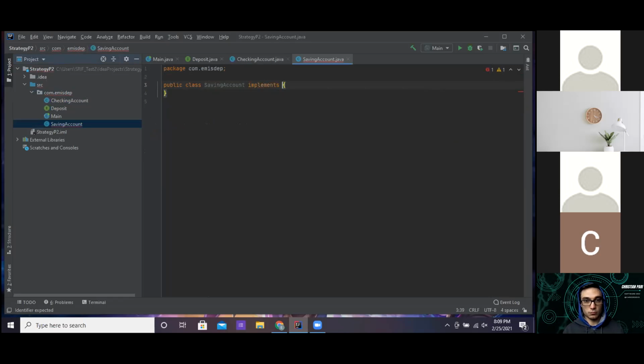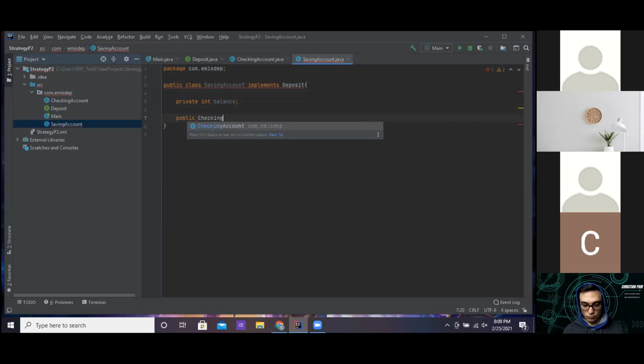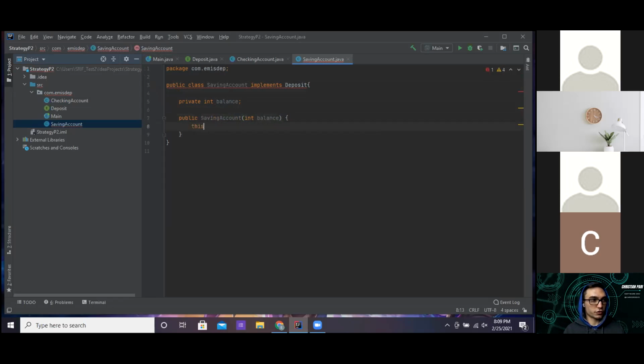So this is going to be pretty identical to the checking account. Oops, I put checking. You wrote checking. Yeah. I think you may have forgot to put the constructor in checking account too. I could be wrong. Thank you.